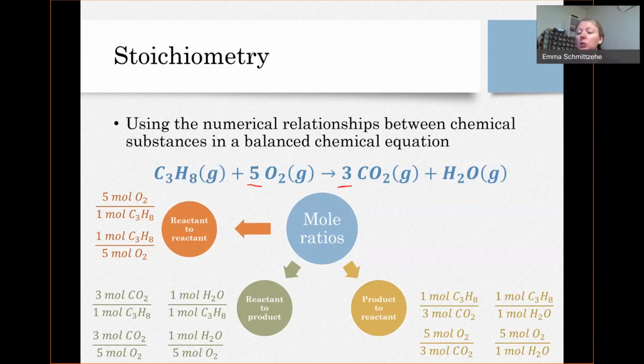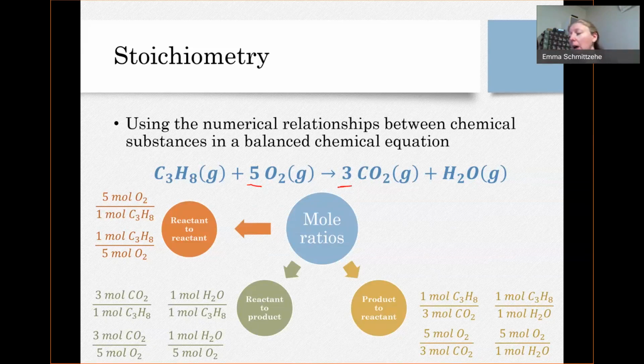Okay, and so I've got another 4 ratios there, converting the CO2 to C3H8 and to the O2, and same with the water. And so all of those are just inverse of the ratios that I had for reactant to product, because we're just reversing the process.